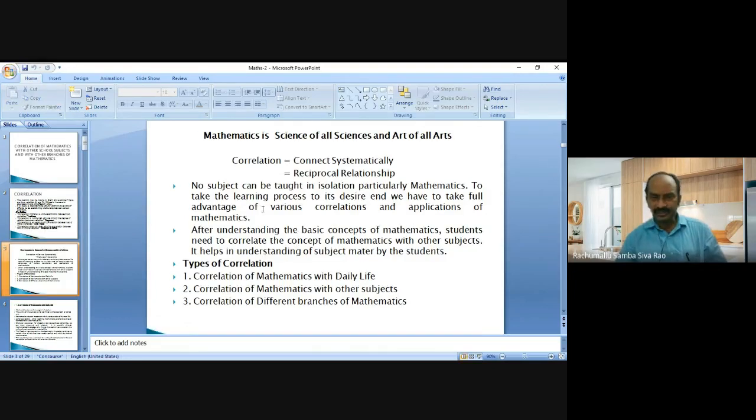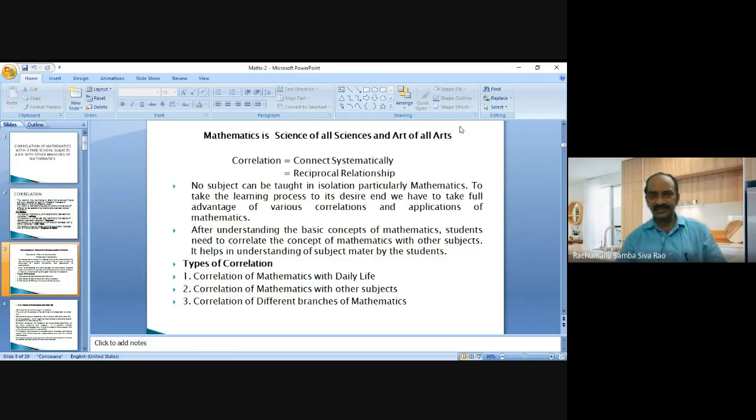See the one statement which is on the top of the slide. Mathematics is the science of all sciences and the art of all arts. See the definition of mathematics. The discussion until now reflects in this statement.